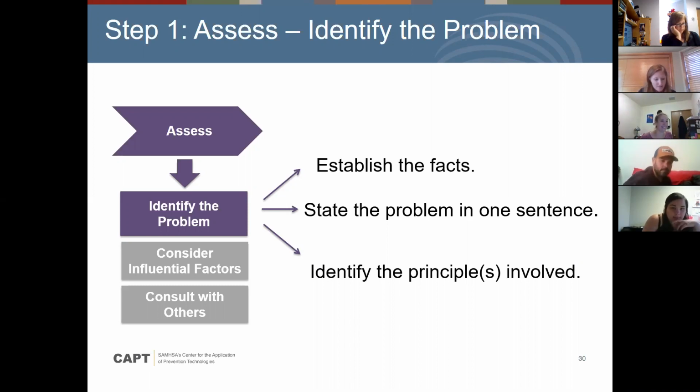So the last one is then, what principle or principles do you think are at play here? So we had several. So integrity, we felt was a big one. Cultural competence, obviously, if they're seeing an increase in some of those areas, the programming isn't very culturally competent.